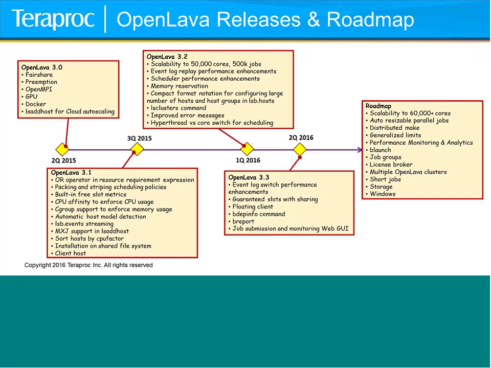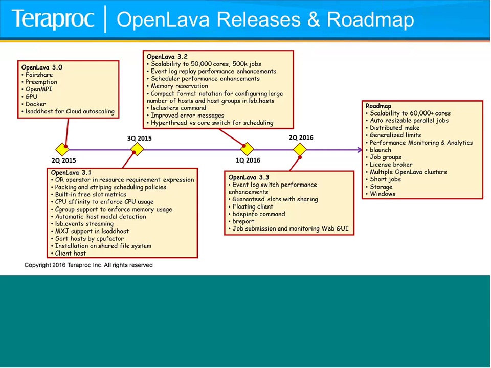Bringing it all together and putting a time dimension to OpenLava: it's been a little more than a year since we teamed up with David and started to put quite some investment into OpenLava.